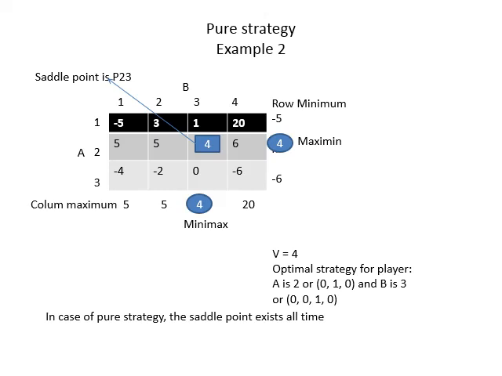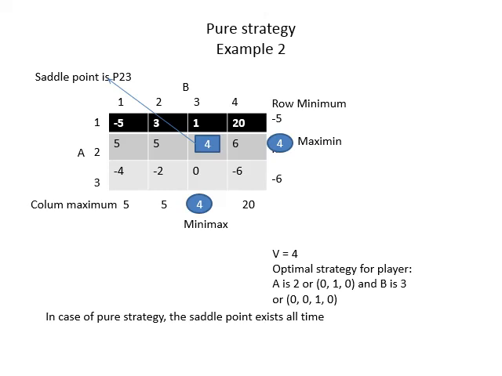Let's see the second example for pure strategy. Given, as usual, two players, player A and player B. Given also 4 columns and 3 rows.